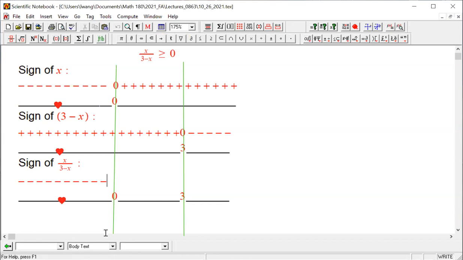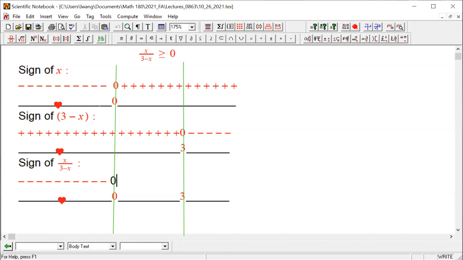What happens at 0? When x is 0, 0 divided by 3 minus 0 is going to be 0. Okay? How about between 0 and 3?